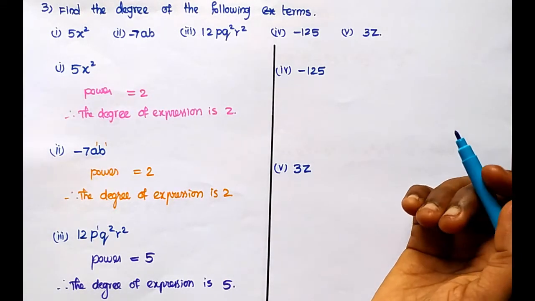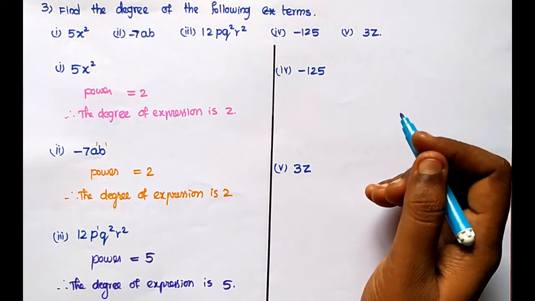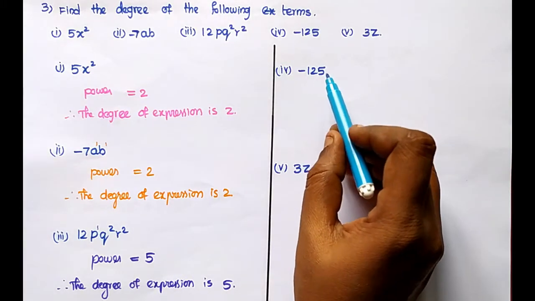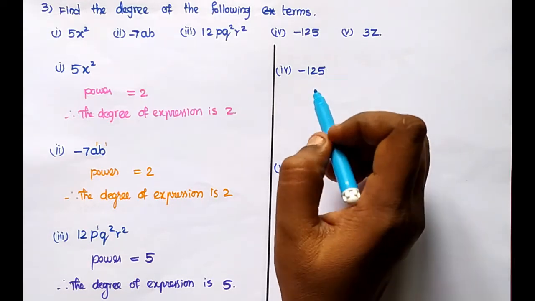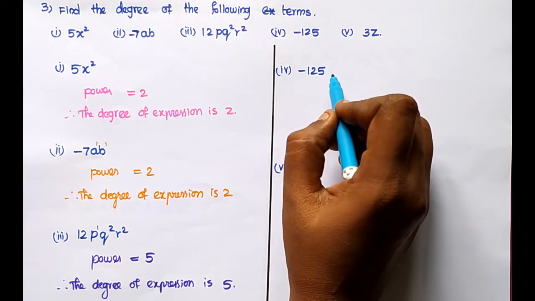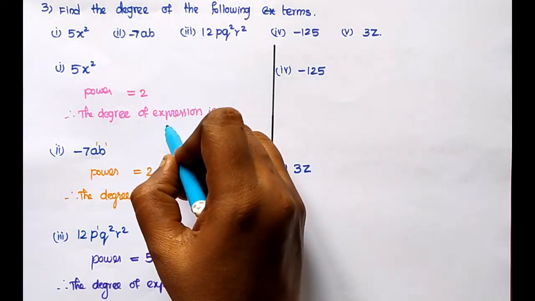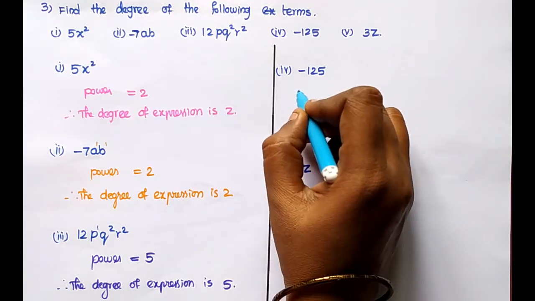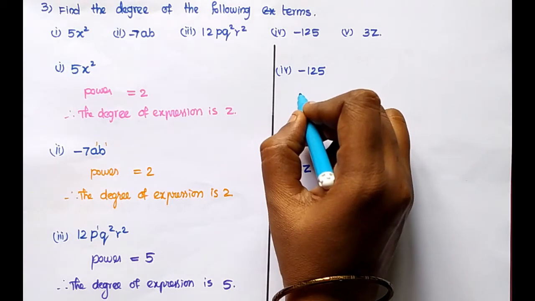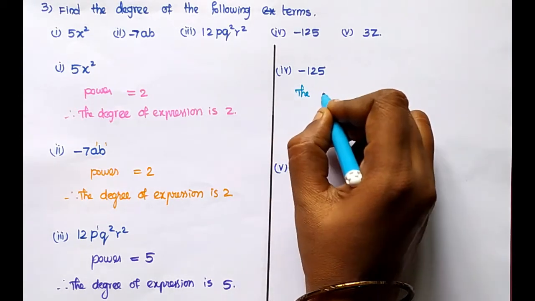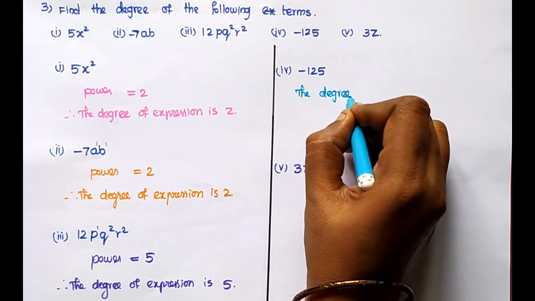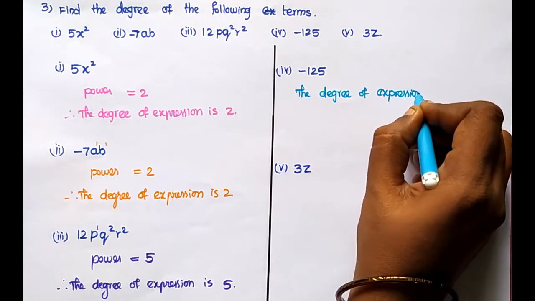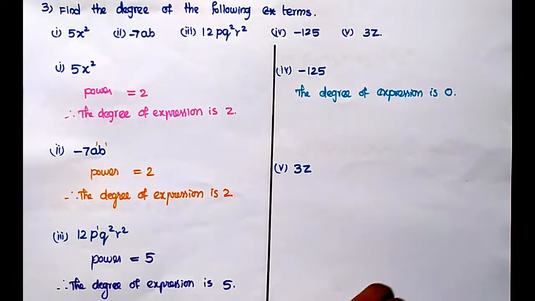Expression means the combination of variables and constant terms, but here there is only a constant term. So the degree of the expression is 0.